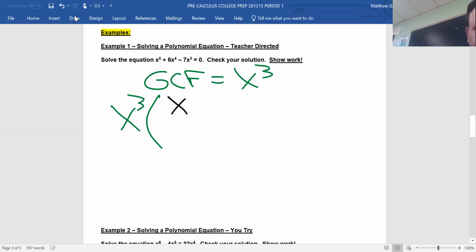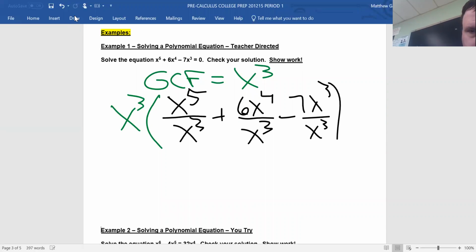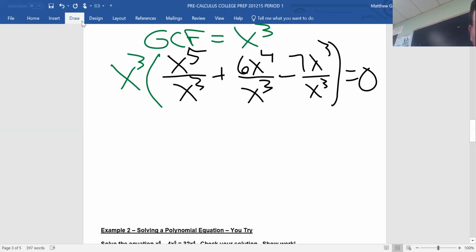So we're going to divide x to the 5th power by x cubed. We're going to divide 6x to the 4th power by x cubed. And we're going to divide 7x cubed by x cubed. So we end up with x cubed.